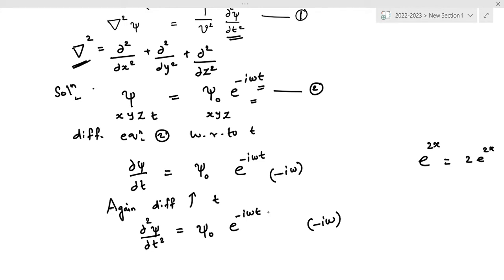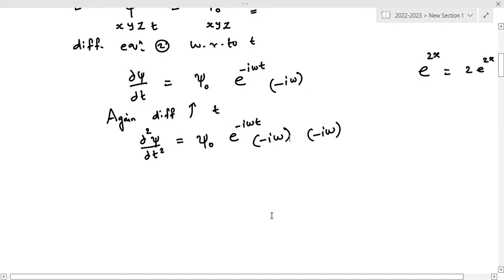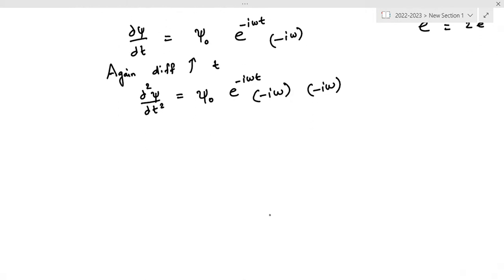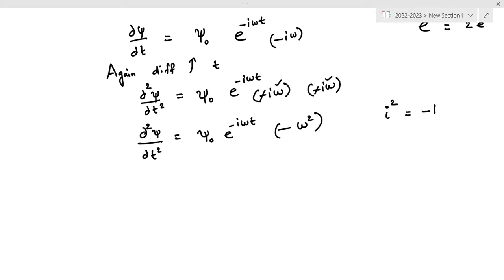Since it has been again differentiated, we have minus i omega. Consolidating, we get del square psi by del t square is equal to psi naught e power minus i omega t, minus minus becomes plus, i into i, we get i square is minus 1, therefore we get minus omega into omega, we get minus omega square.